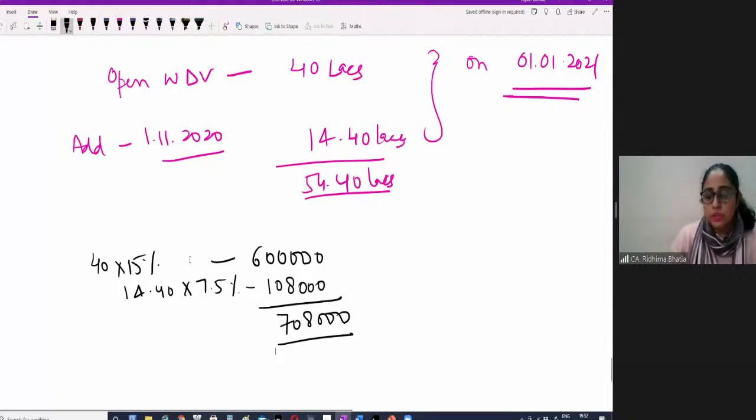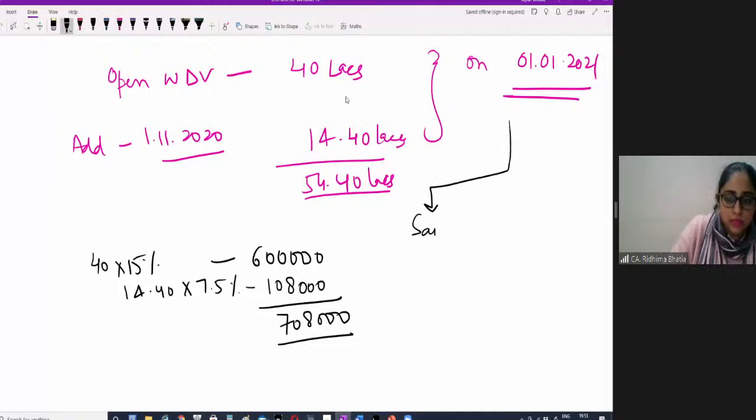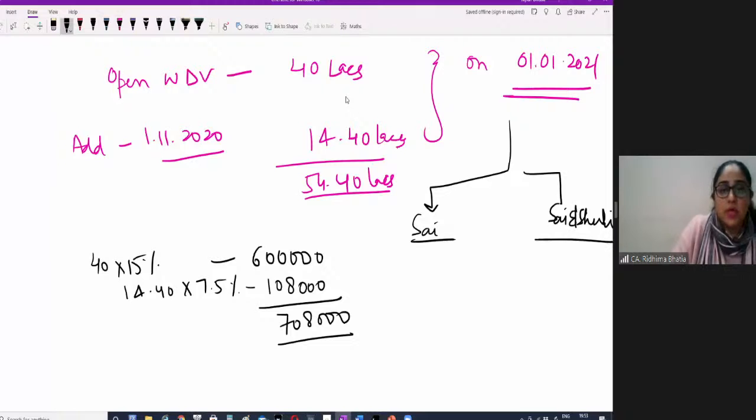Now you will not proportionate 7,08,000. First of all, consider the number of days the assets have been used by each one of them. Total 365 days. For the 40 lakhs asset, which is the opening asset, the amalgamation happened on 1st January. I'm doing it so that you don't have to worry about how this happens. Now, for this opening asset, 365 days in total.